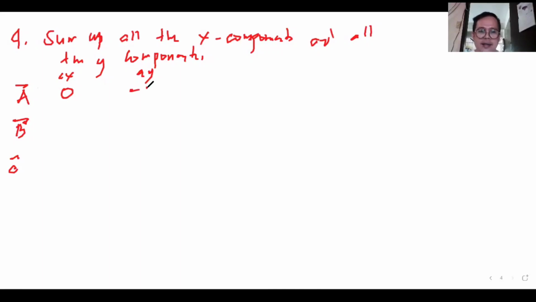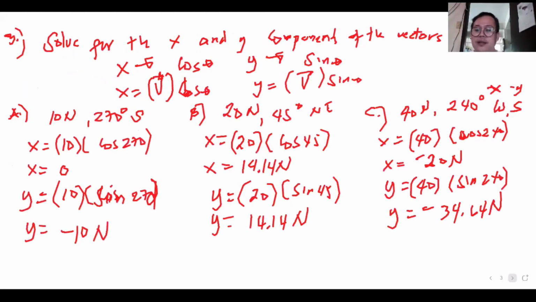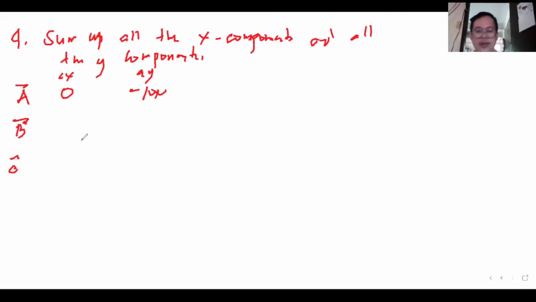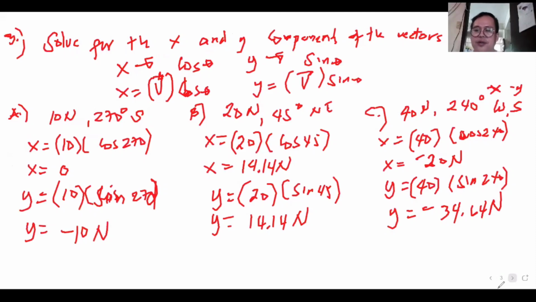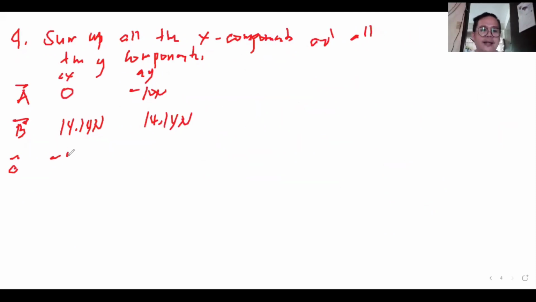Sa A, negative 10 ay Newton. Sa B natin, balikan ta, hindi ko ma-memorize, na 14.14 tag 14.14. So we have 14.14 newtons, 14.14 newtons. And our third is negative 20 and negative 34.64. So that will be your x and y.